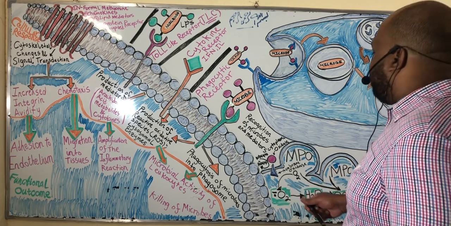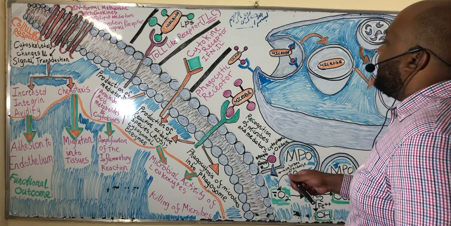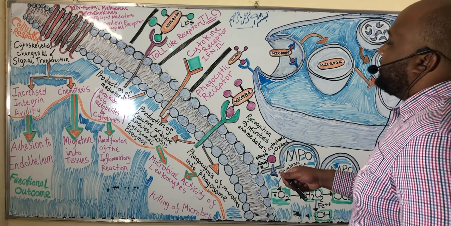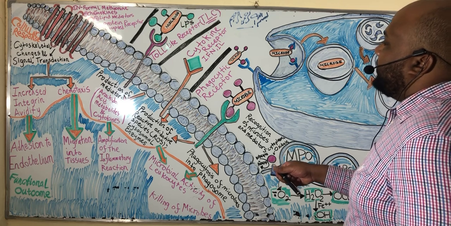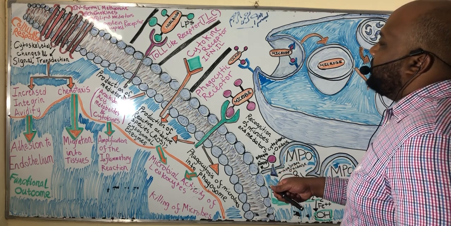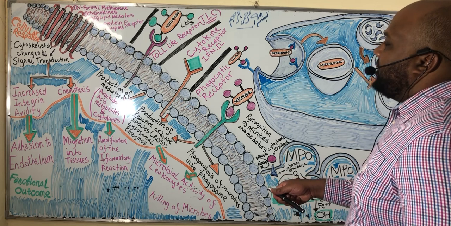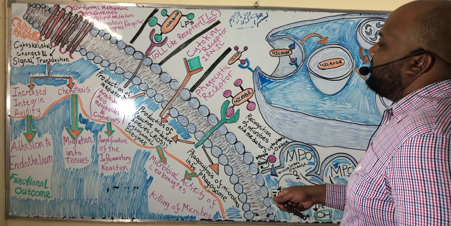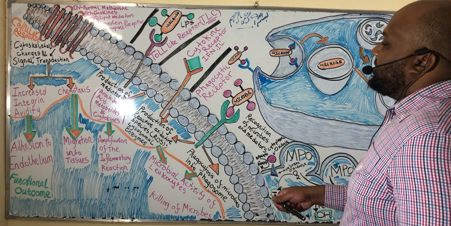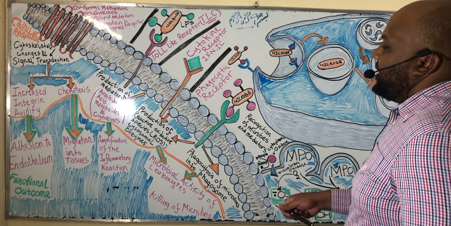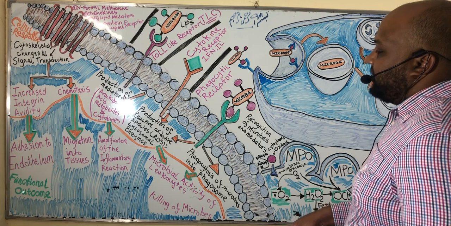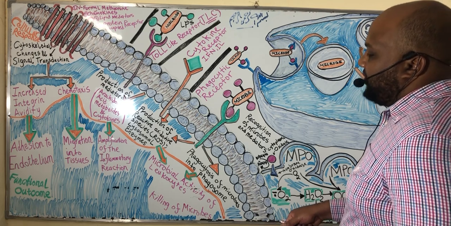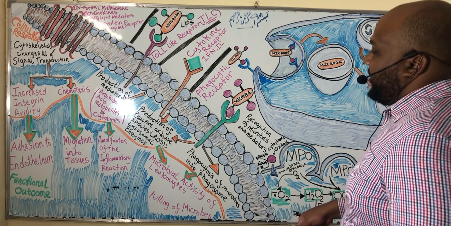So that's the first step. That's the recognition of the microbe or the mediator. There is a recognition of this lipopolysaccharide by the toll-like receptor, and that will lead to an intracellular response that culminates in the production of mediators such as arachidonic acid metabolites and other cytokines, and that moves on to the third stage, and that is the functional outcome, which is the amplification of the inflammatory reaction.